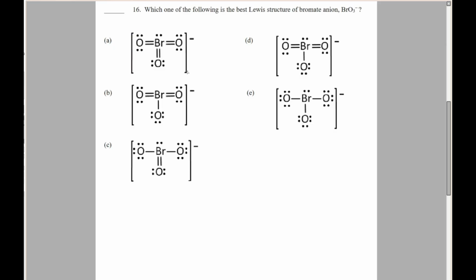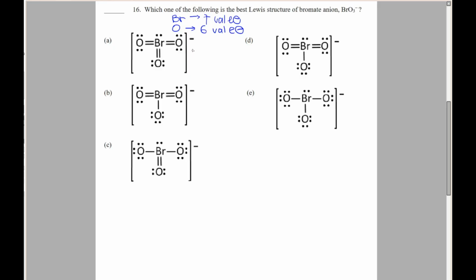But we have to make sure it actually matches what's inside the brackets. So starting with A, we know that bromine is in group 17 or something like that. So it will have 7 valence electrons. And then oxygen has 6 valence electrons. And that's pretty much what we need to know for finding the formal charges of each of these atoms in each of these Lewis structures.